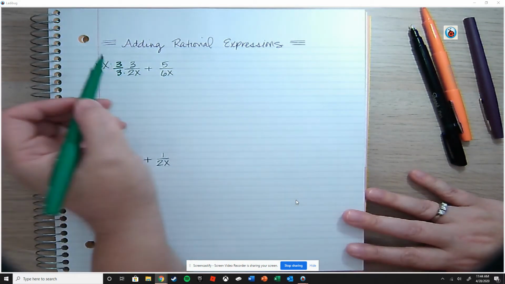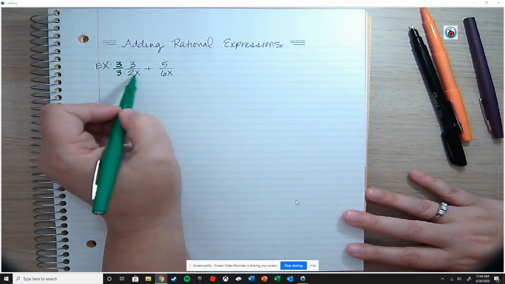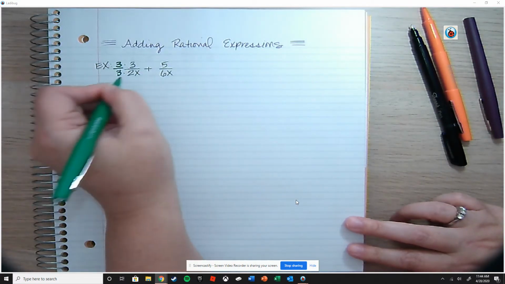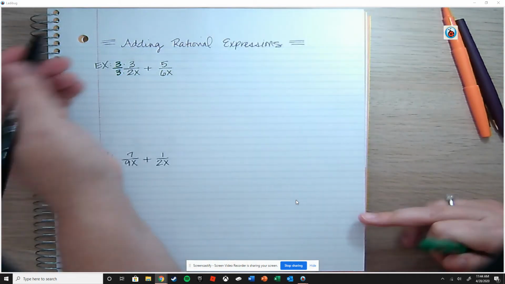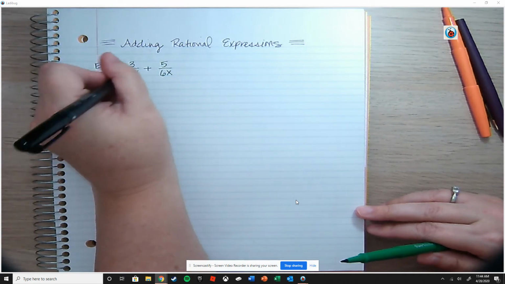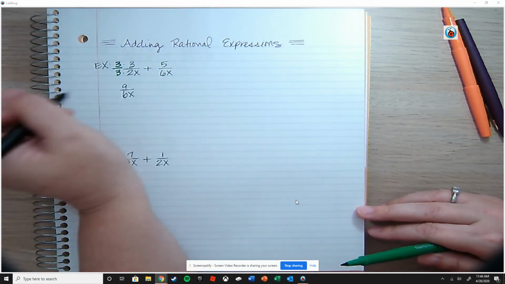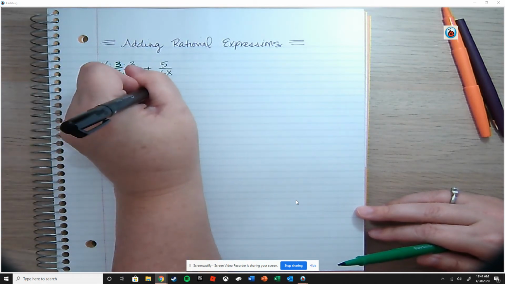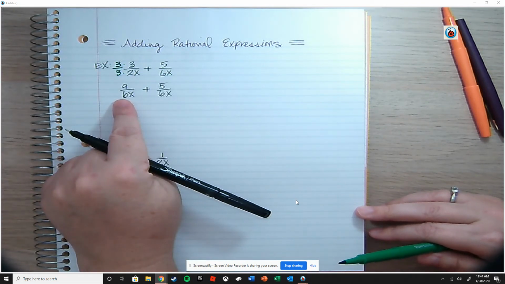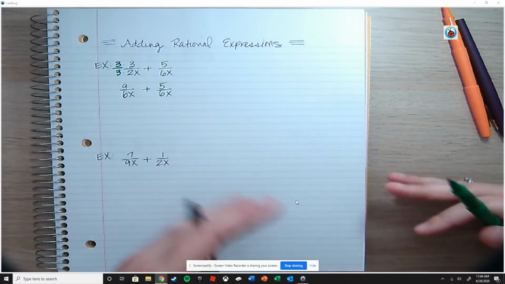Okay. And when I take 3 over 3 and I multiply right here, I'm going to multiply the numerator and the denominator by 3. So 3 times 3 gives me 9. 3 times 2x gives me 6x. And if I bring down plus 5 over 6x, notice I have like denominators now, which means I can add.